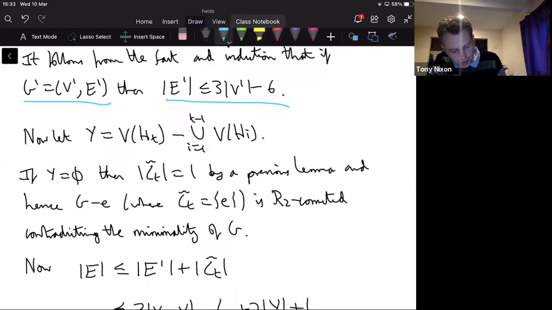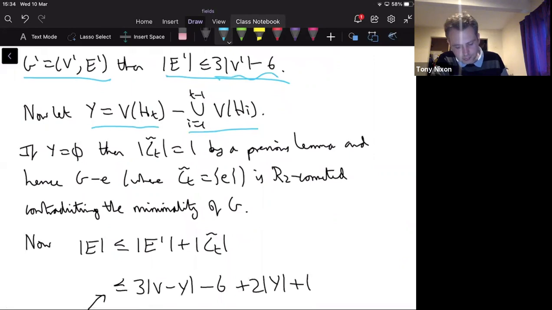So let Y be the vertices of the last ear minus the vertices that exist in the first T minus 1 ears. We need to work out that adding this on is still going to give us the right count we want for G. Now we have to use a lemma we had last time, but I haven't repeated, so apologies if it's not quite so clear.